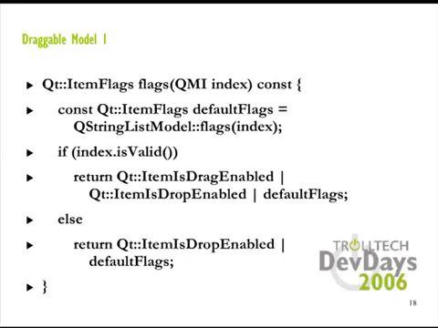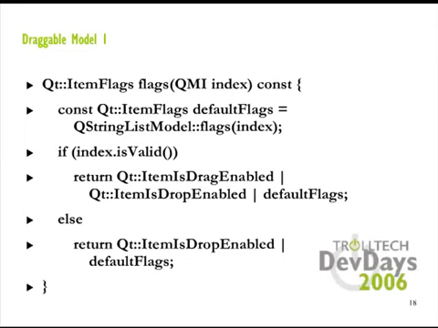So first of them, this is a string list model I'm working on, so I just take whatever is usually returned, and I add the drag and drop stuff to it. So if this is a valid index, that means do we have something right now that's actually in the string list? If it is, then we can drop on it, and we can drag from it.